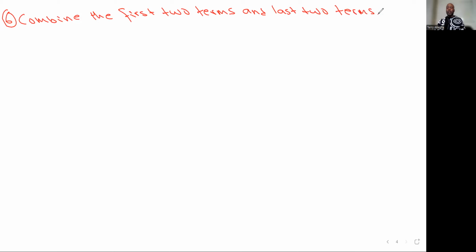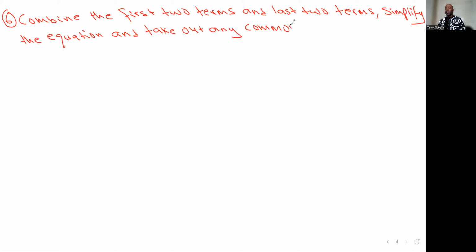So when you combine that, you then simplify the equation and take out any common factors. The factors could be a number or expressions.